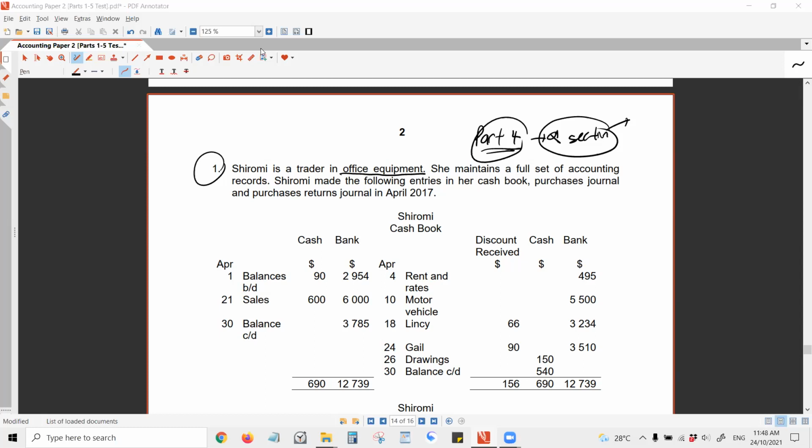Kelly, Shamin, goods or NCA? I wait for Shamin. The question is whether the office equipment that is mentioned here is an NCA or goods. Okay, I have to answer.